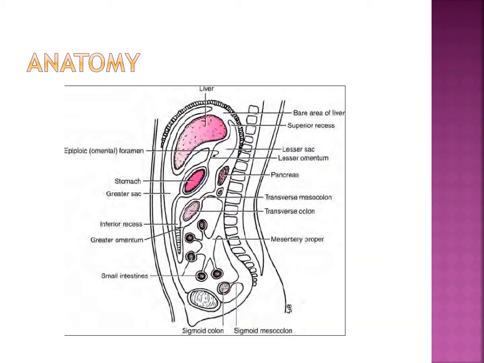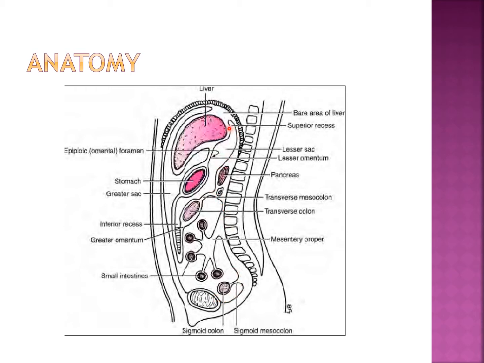This slide is illustrating the different arrangement of the parietal and the visceral peritoneum. If you are following my cursor now, this part is the parietal peritoneum. This parietal peritoneum lines the abdominal wall, the pelvis, and the posterior abdominal wall.